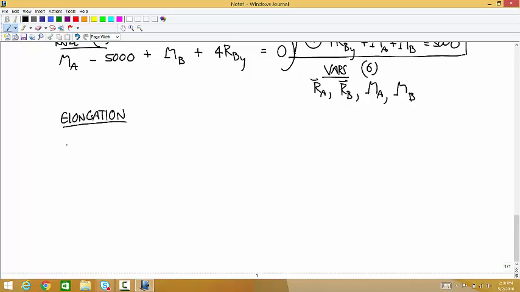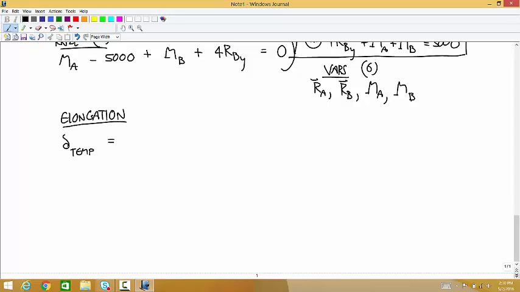So the only elongation that we have is due to temperature change. And that's equal to, well, okay, so that's kind of not accurate. Basically what's happening is the increase in temperature is going to make the thing want to grow.